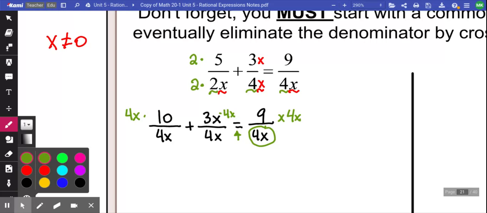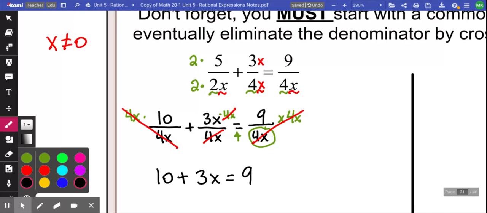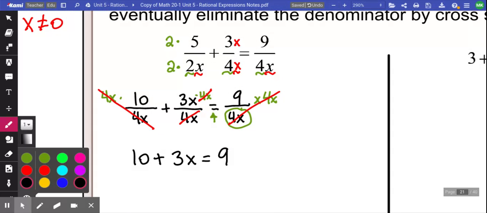And the beauty of multiplying everything by 4x and having a common denominator is that your denominators are all going to cancel out. And you're going to be left with 10 plus 3x equals 9. How beautiful is that thing, right? That is now an equation. I'm like, I can solve that. That's a linear equation. Boom, let's go solve it. So what we did was we got a common denominator, multiplied everything by 4x so that all the denominators got canceled. Essentially, we've created a rule that you're going to hear me say in the future.